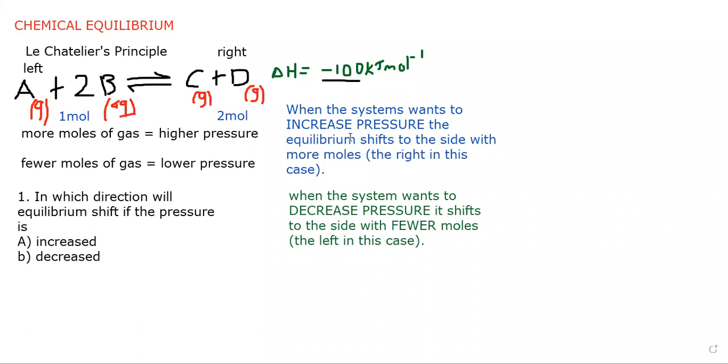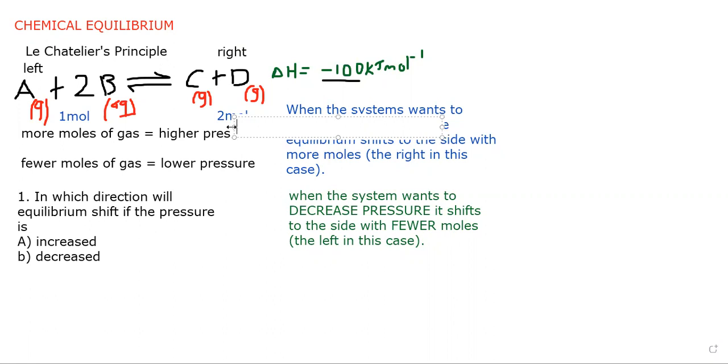all right, so remember, the system will want to counteract what we are doing. So if we decrease the pressure, it will want to increase the pressure. And it will increase it by shifting the equilibrium to the side with more moles. In this example, it would be the right-hand side.